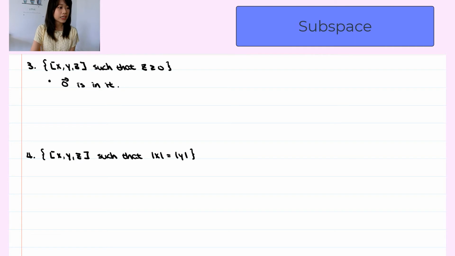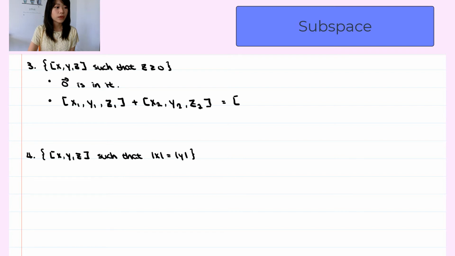How about the second condition? If we take 2 vectors in the subset, for example, x1, y1, and c1, plus the second vector in the subset, for example, x2, y2, and c2. Is the resultant vector still in the subset?